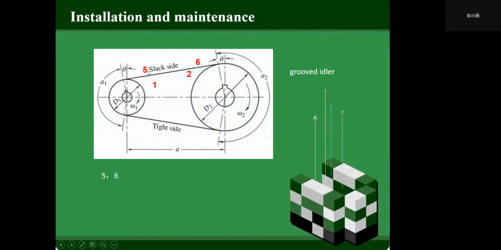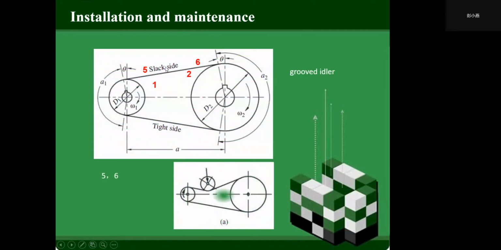And for the slack side, if we install the grooved idler on side 5 and 6 on the outer side, like this, it will increase the bending and cause fluctuating stress.